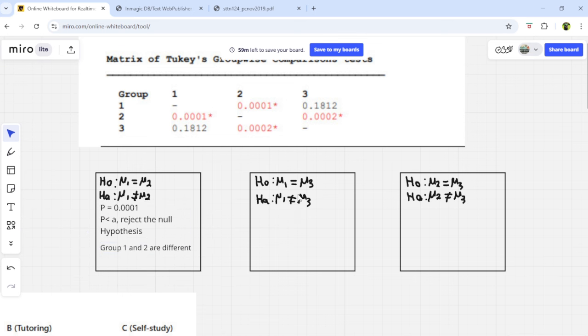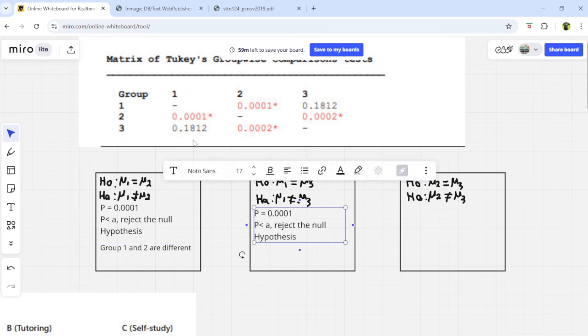So for group 1 and 3, the p-value is equal to 0.1812. So if the significance level is 5%, the p-value in this case is greater than alpha.